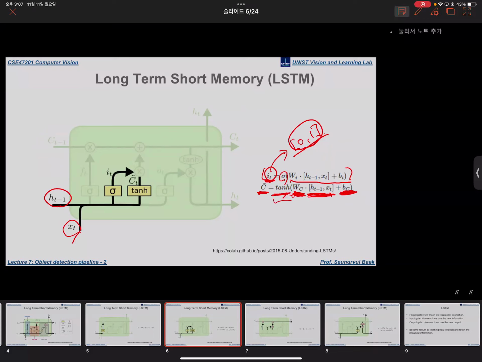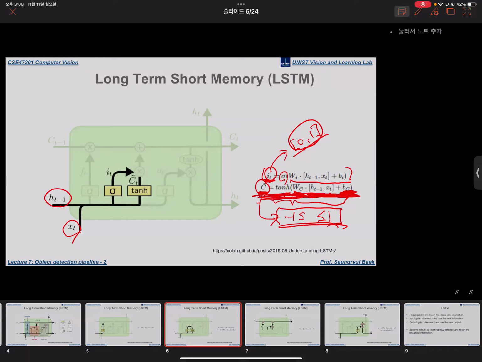So your information will be bounded to this range, because the hyperbolic tangent bounds the information within this value. So the C tilde will have values from -1 to 1.